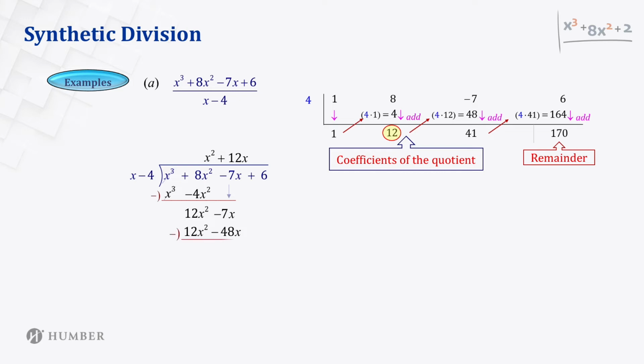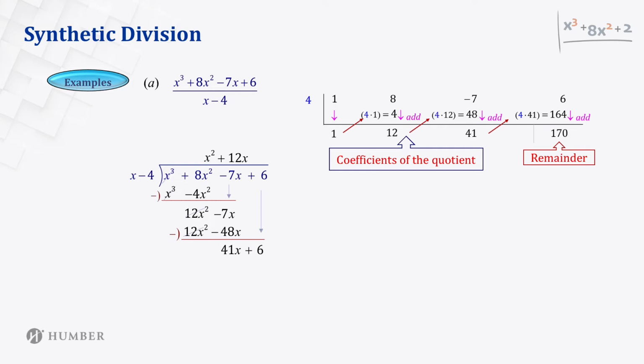Again, subtract it from the above. Of course, 12x squared is cancelled out, and subtract negative 48x from negative 7x to get positive 41x, as we need to change the sign of negative 48x to positive. Then bring down the last term, 6.